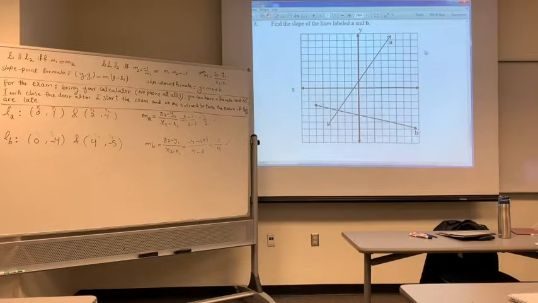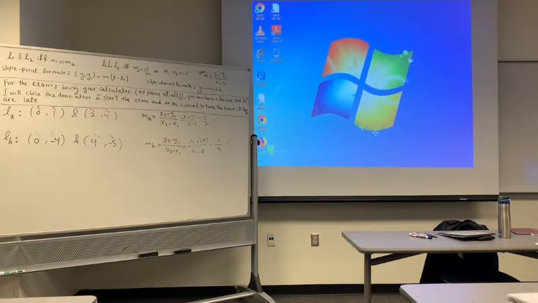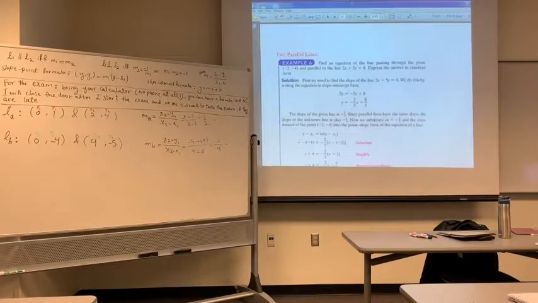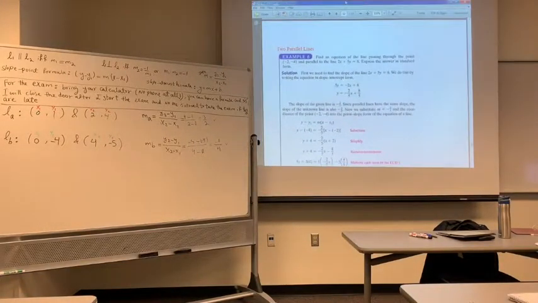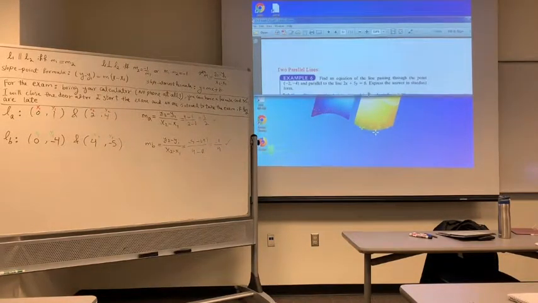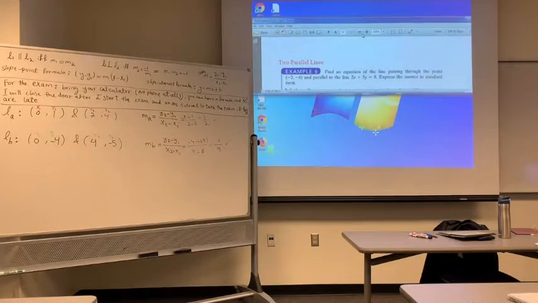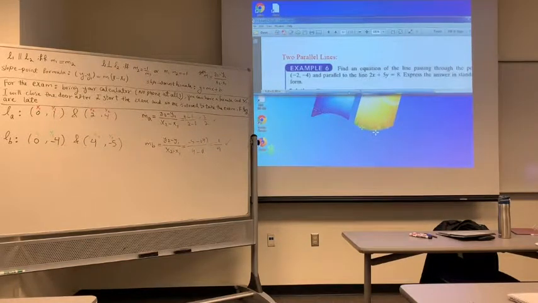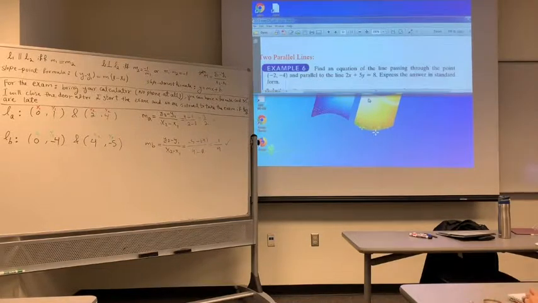So, this one now. Write it down. It says, find an equation of a line passing through this point and parallel to this line.